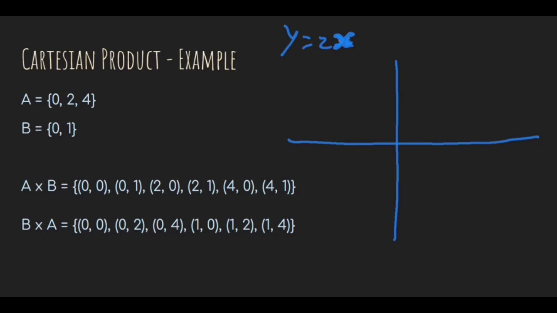Now that would kind of look like, let's say this is A first, and this is B. That would kind of look like this. Y equals 2x. It's a steeper slope. But if you swap A and B, then it would look like this. These are very different graphs. So that's why you can't exchange them.